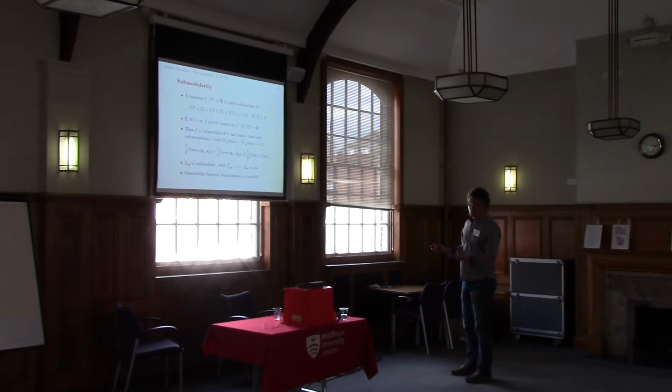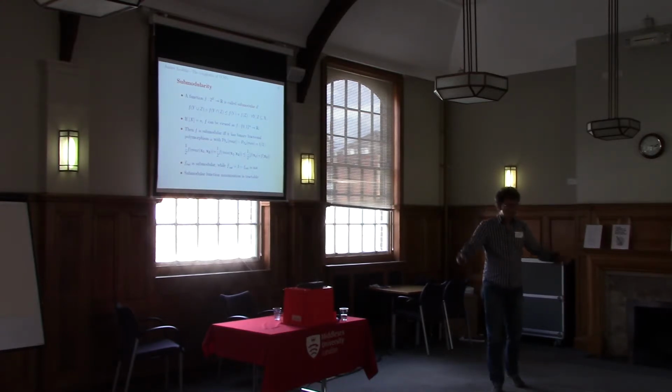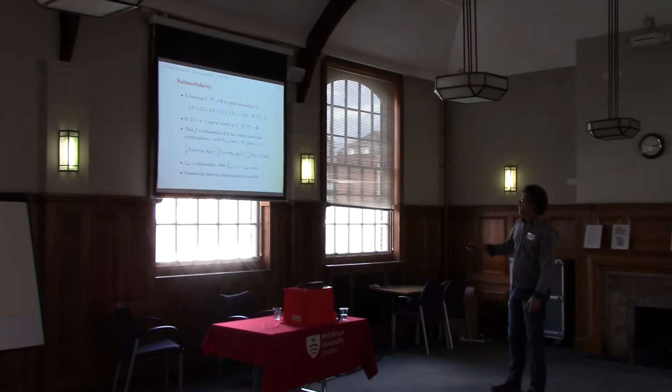Now, let me relate this to fractional polymorphisms. If our set X has n elements, then we can view 2 to the power of X simply as the nth power of {0,1}, right? So subsets of X are just n-tuples of 0s and 1s.